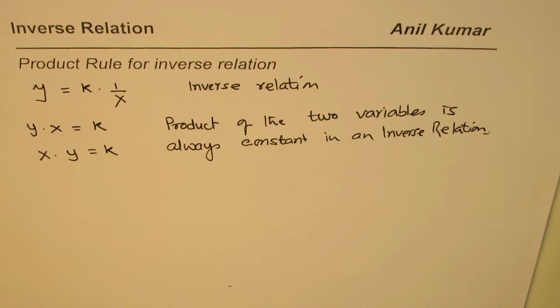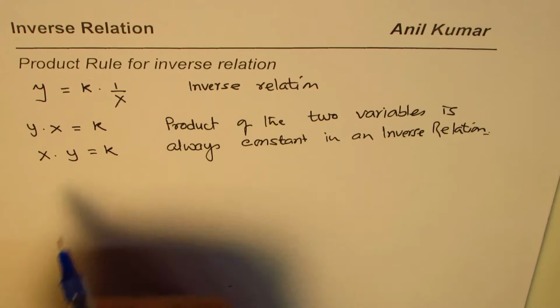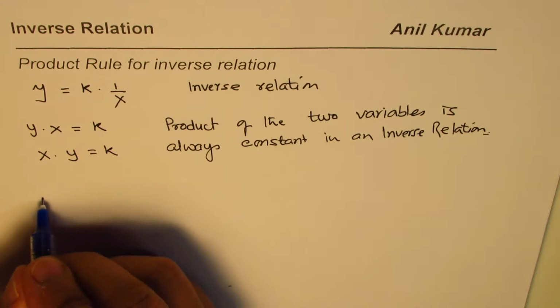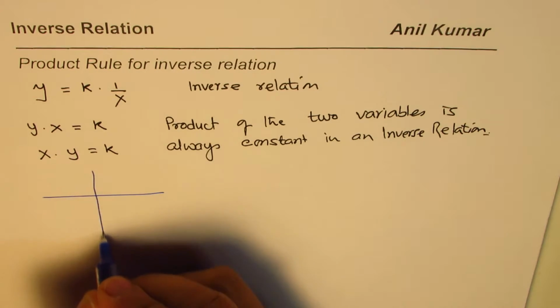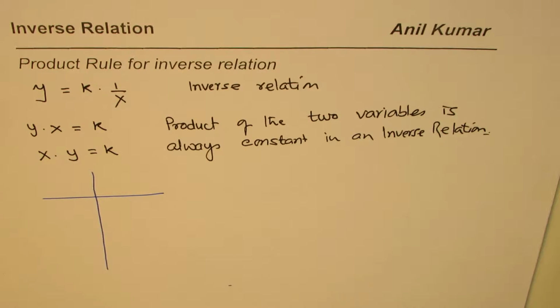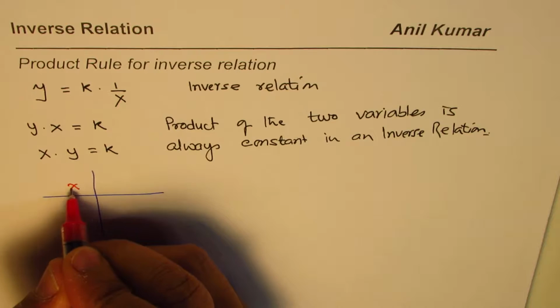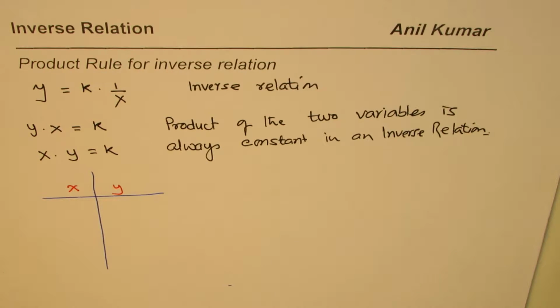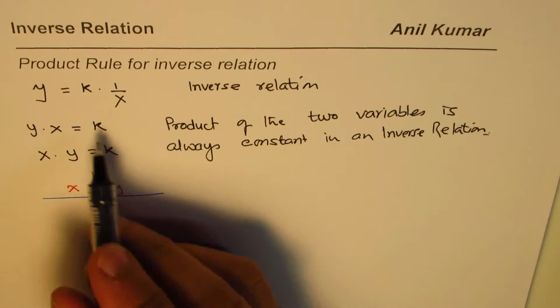So let us take an example. Let me make a table here, and we will just check. Let me write down a few points with constant product.